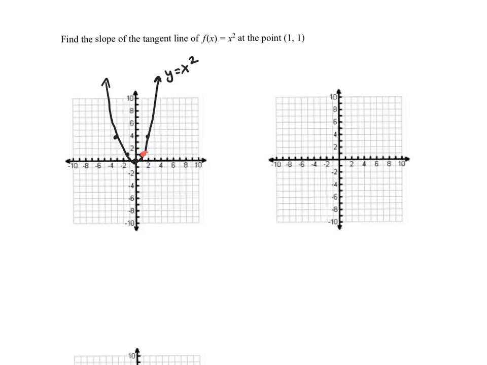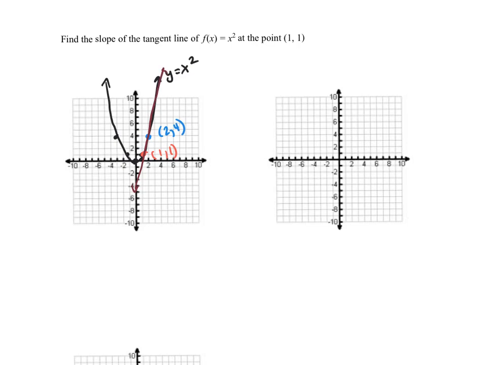Okay. So what I'm going to do is first make a secant line. I'm going to do a series of secant lines. So first, I'm going to pick a point that's kind of close to it, but not very close. We'll say 2, 4. So I have 2, 4, and I have 1, 1. So if I connect these, I get a secant line.